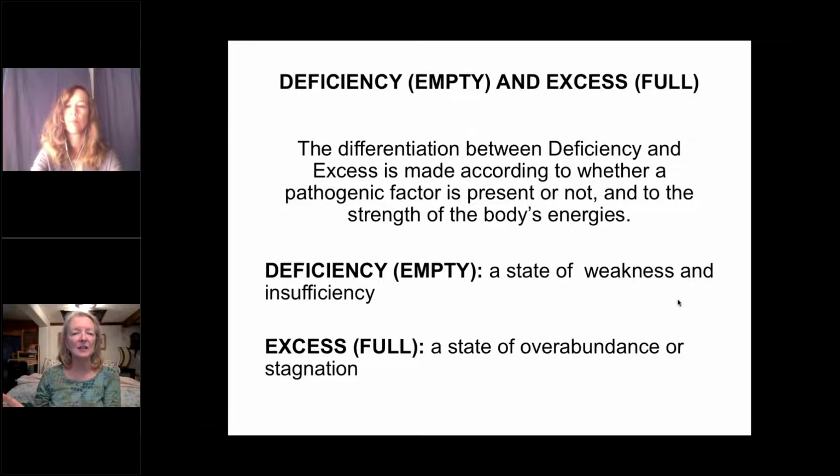All stagnation is excess. Now, can you have deficiency and excess at the same time? Yes. Can you have deficiency and stagnation at the same time? Yes. Can you have coldness and heat at the same time? Yes. Can you have external and internal at the same time? I already told you, yes. So let's move on.